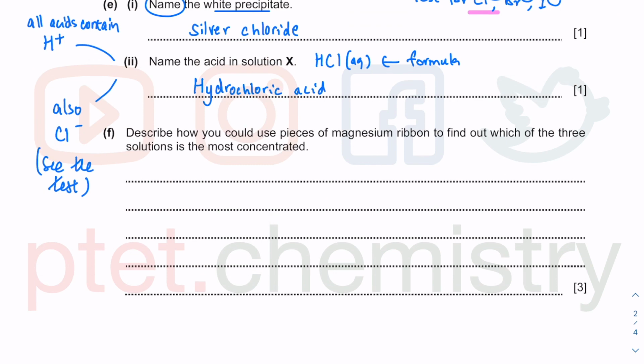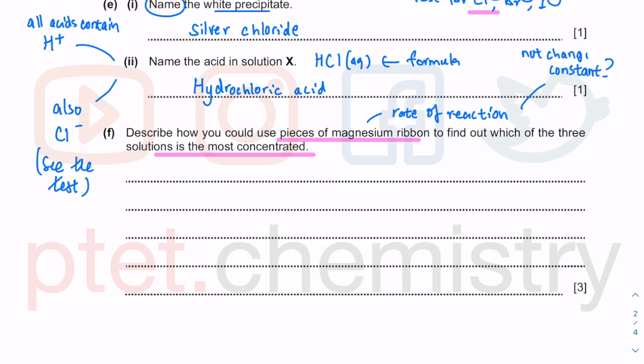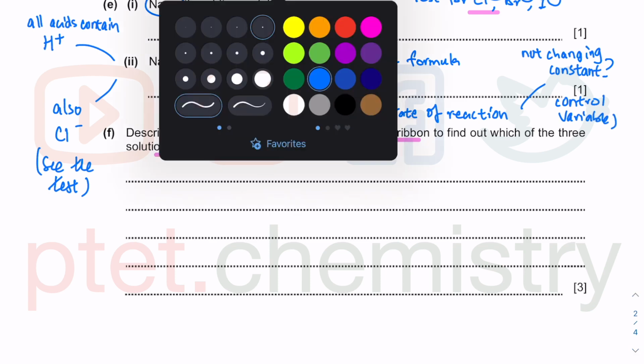In part F, you could use pieces of magnesium ribbon. Which of the 3 solutions is the most concentrated? This is to do with rate of reaction. In this rate of reaction stuff, we have to think about what is constant. Constant means not changing. That will be your control variable. Control variable means what is not changing. Then you have to think about what is changing.